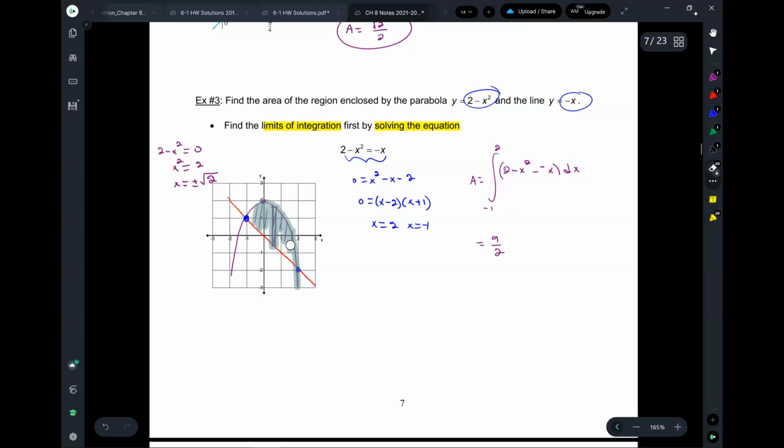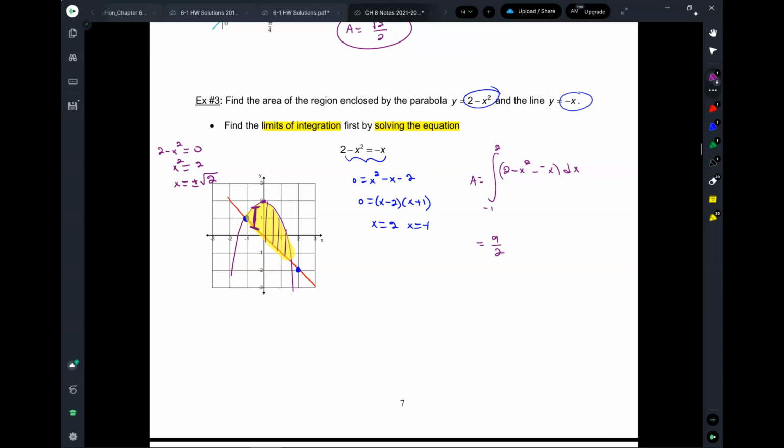When you look at this highlighted region, from the very left of the region all the way to the very right, no matter how many rectangles you draw, the upper base is always the parabola and the lower base is always y = x.